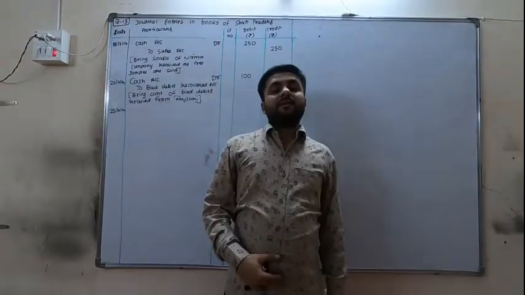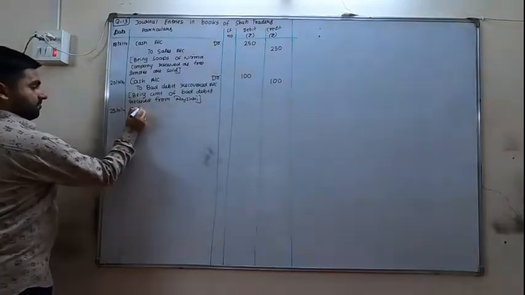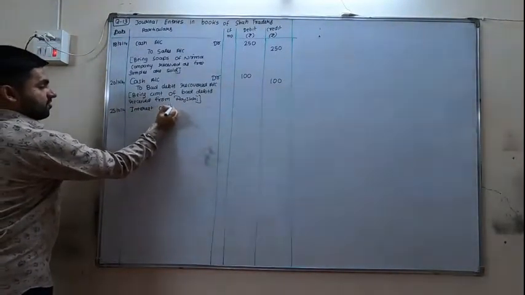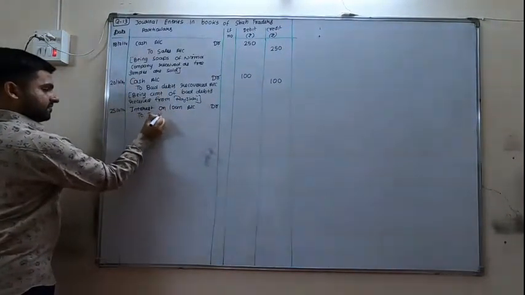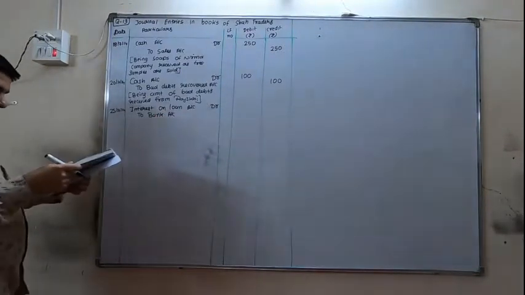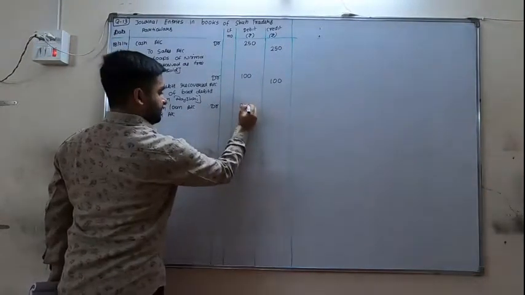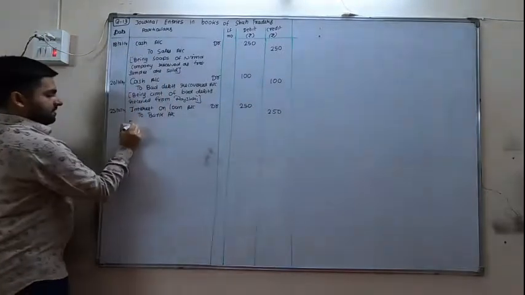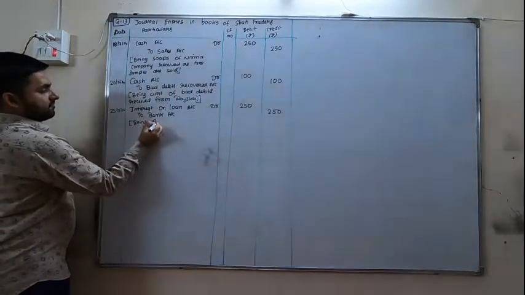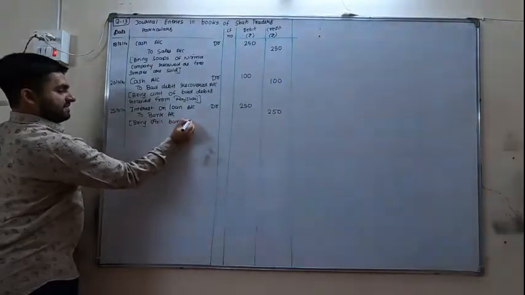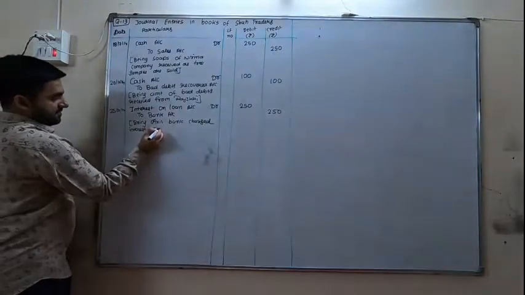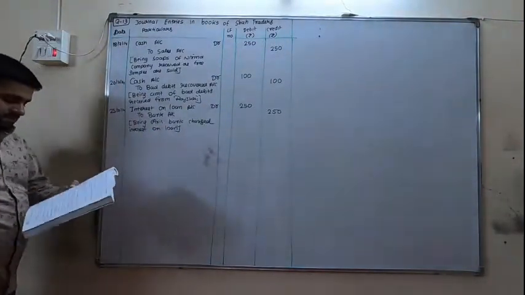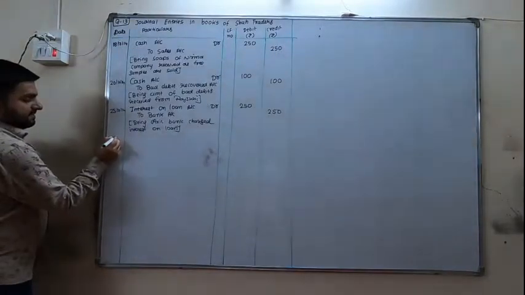So interest on loan account debit to bank account 250. Being Axis Bank charged interest on loan.